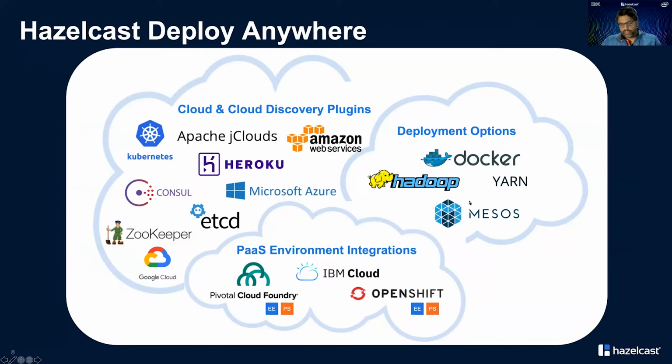When I say natively supported, what that means is, for example, in the case of Amazon EC2, Hazelcast uses Amazon EC2's own APIs to define how the cluster will be formed and how the cluster operations will take place. That's the case consistently with all other cloud providers as well. So we are natively deployable and compatible with all the cloud technologies that you see on the screen.